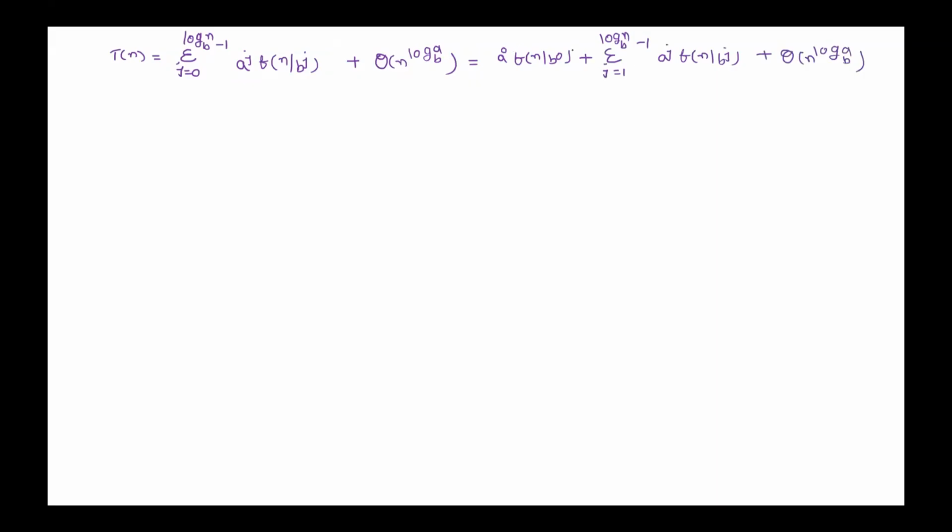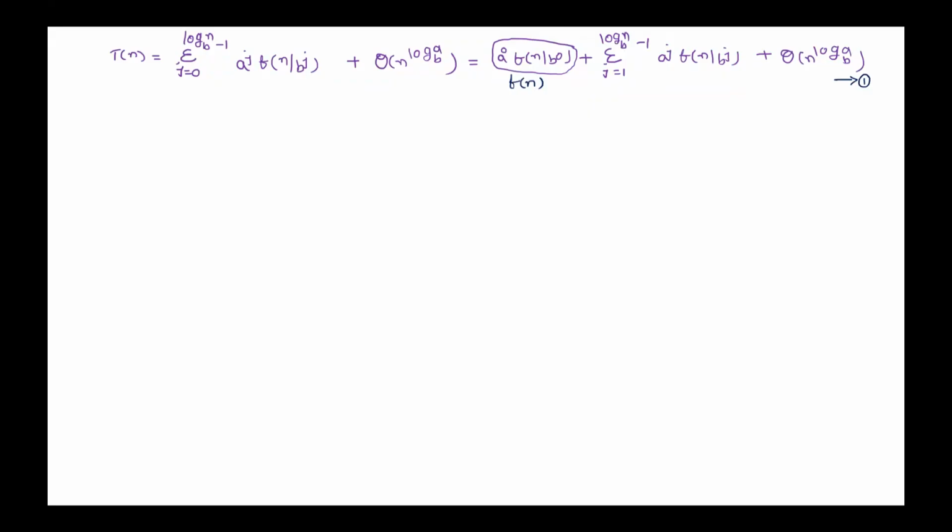What is the value of the j equal to 0 term? a power 0 is 1, b power 0 is 1, so it is the same as f of n. Is that okay? So therefore T of n is f of n plus sigma j equal to 1 to log n base b minus 1 a power j f of n by b power j plus theta of n power log a base b.